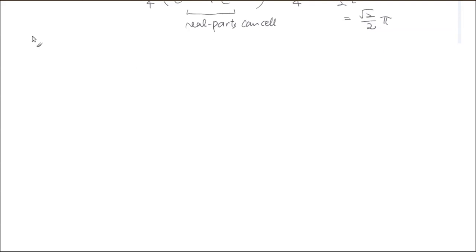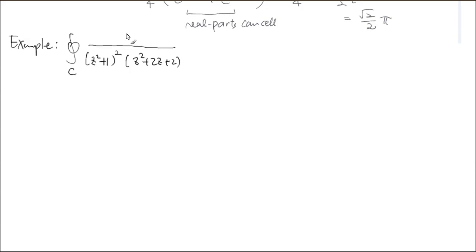So here's an example. This example is a non-simple pole. Here's the integral over C: z squared plus 1 squared, z squared plus 2z plus 2, and the numerator we have this thing, right? And then we have the circle C, not the full circle, but just like before, here's the circle.